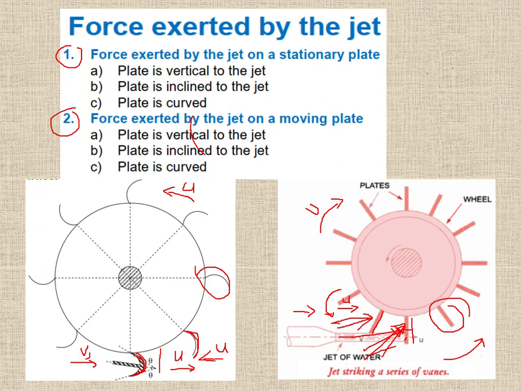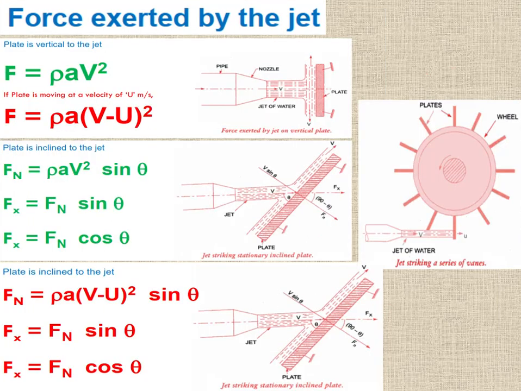So let's go and analyze one by one, and see how we can calculate those forces, or energy, or the work done, or the efficiency of the machine. Let's see the force exerted by the jet. Here are basically the three conditions that we are going to focus on.